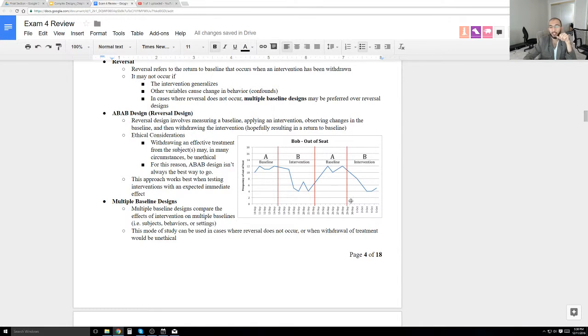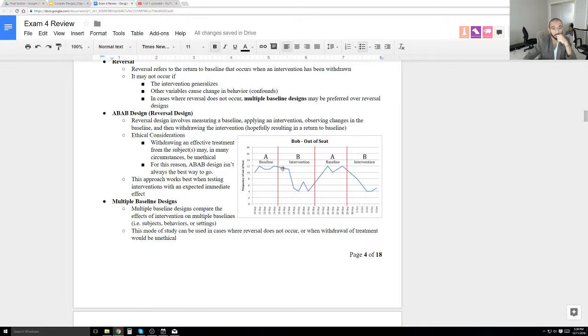This isn't always the best way to go, because as you might imagine, if we're testing like a cancer drug, we see the baseline is that the patient's not doing very well, we implement the drug and he's doing better. We can't take that drug away ethically, because that would violate the ethical principle of beneficence and non-maleficence.